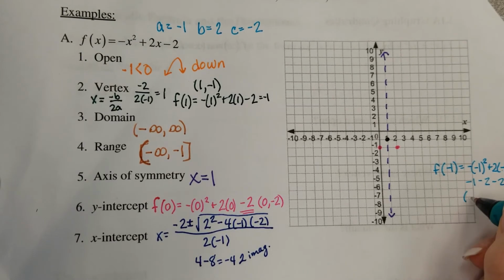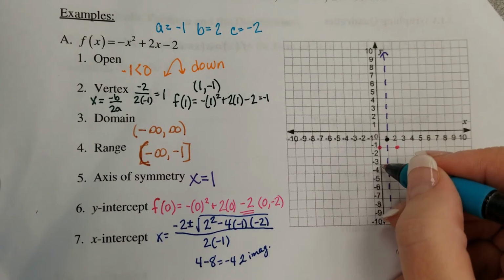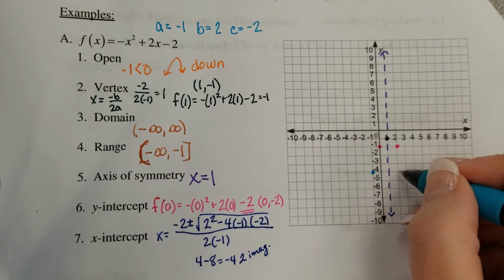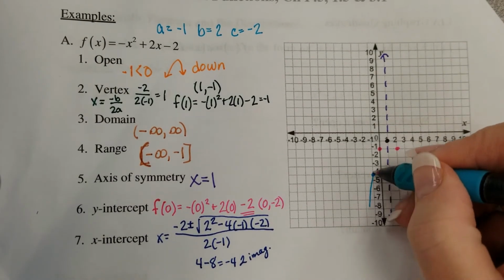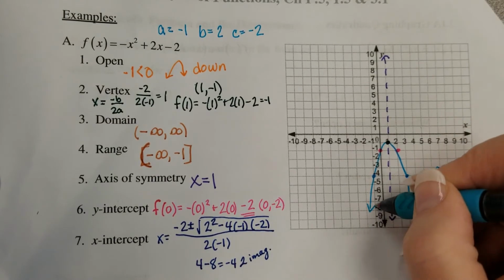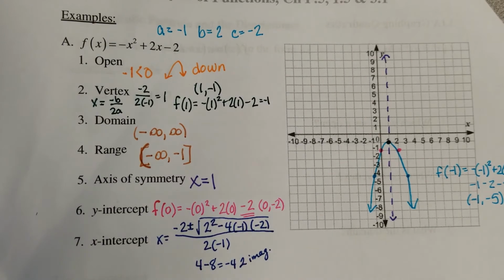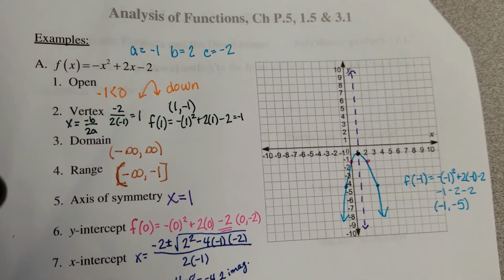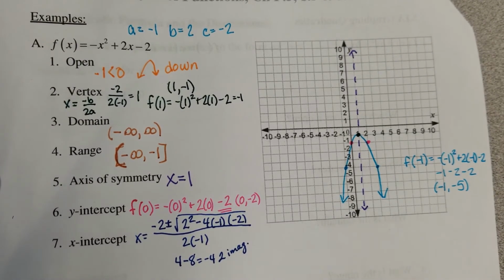So I have that point negative 1, negative 5, and I'd have its mirrored one. So I'm going to graph this going through those points. So you can see all of that, hopefully. And that's the graph for example A.